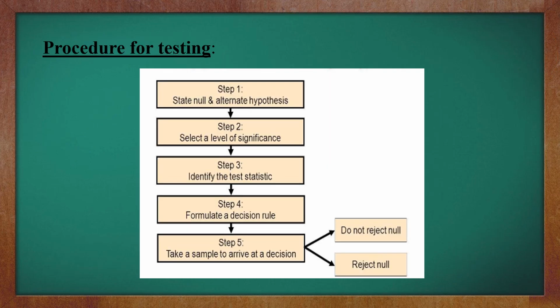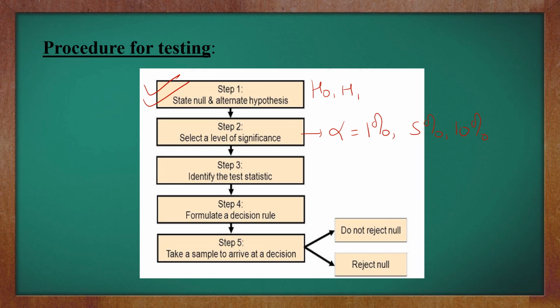Now, what are the steps we will follow? The first one is to take the null hypothesis and alternative hypothesis, H0 and H1. I have already discussed how to take them. This is the first concept. Then you have to take a level of significance, how much risk you are taking: 5%, 1%, or 10%. Generally, it is mentioned in the example and the data.